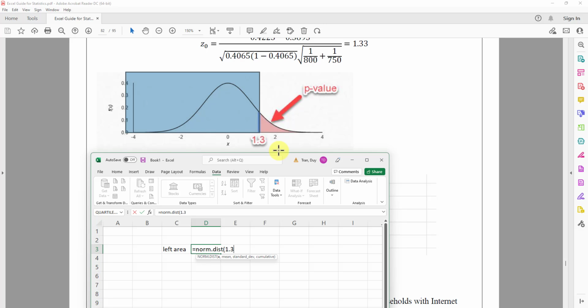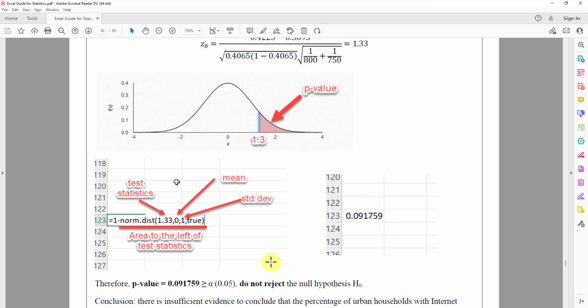So we put in 1.3, the mean is 0, the standard deviation is 1, and we put TRUE because we want the cumulative, the left area. So this is my left area, but I'm looking for the p-value, which is the pink area to the right. So to find the right area, we simply take 1, which is everything under the curve, minus the left area, so that I can get the pink area, which is the right area, or the p-value.